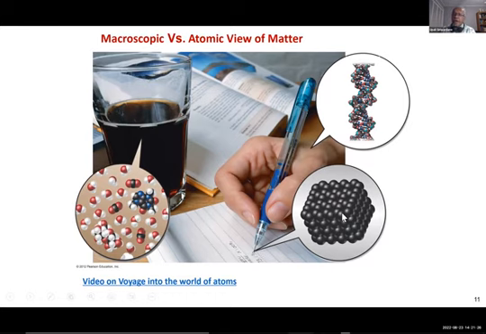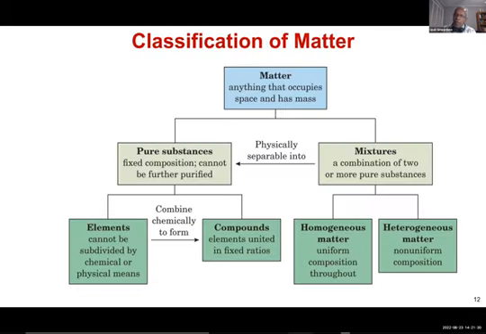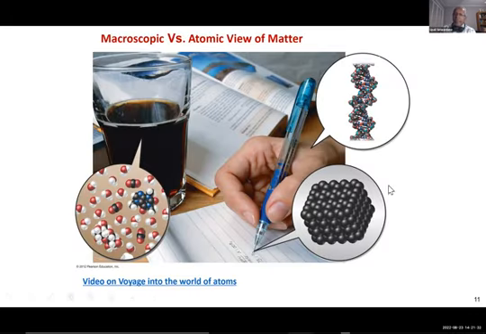If you look at the tip of the pencil here, it's made out of carbon, graphite. When you write with a pen, the graphite leaves a footprint where the pencil were. Some of the atoms are transferred onto the paper.